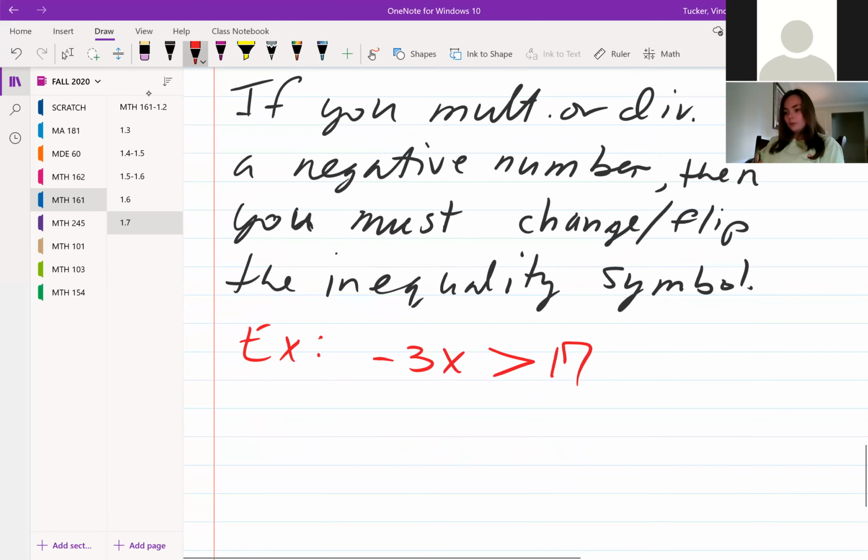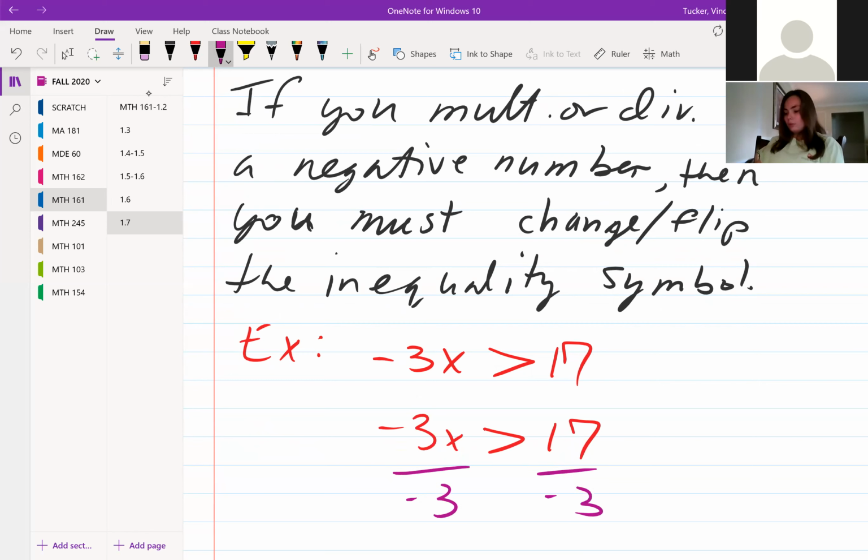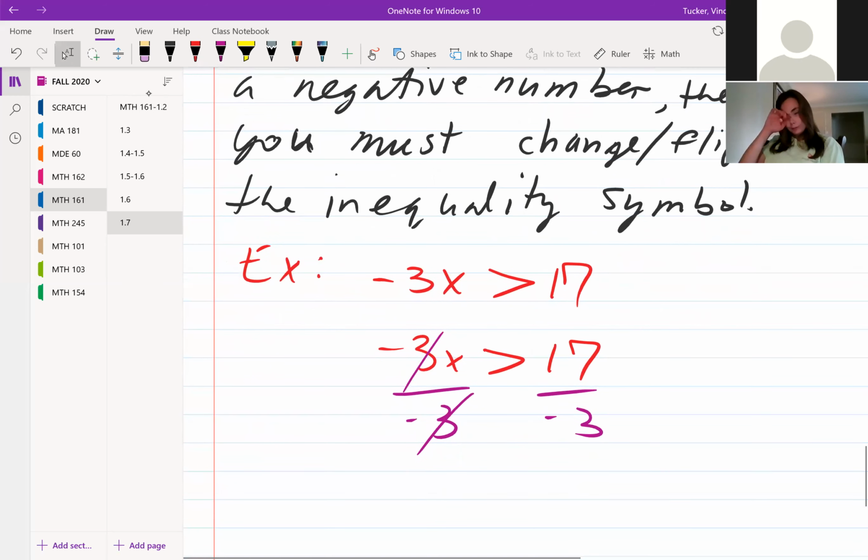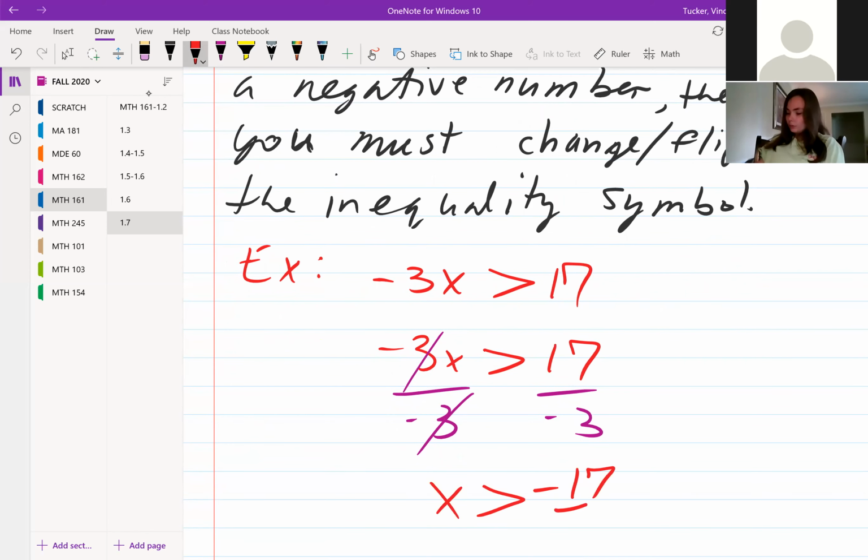All right. So if I have negative 3x is greater than 17, I need to solve x by dividing both sides by negative 3. Negative 3 on the left cancels, leaves me with x is greater than negative 17 over 3.